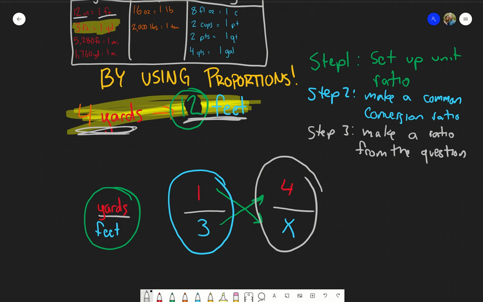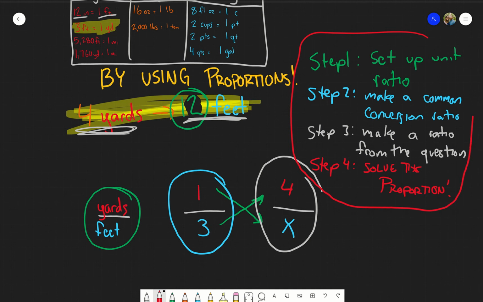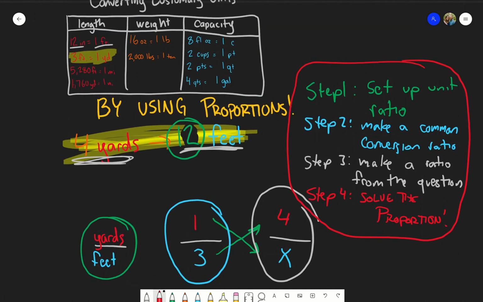Yard stays on top, feet stay on bottom. And then step 4, solve the proportion. All right. Those are my 4 steps to converting customary units here.